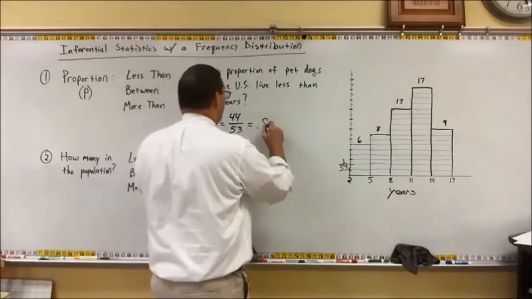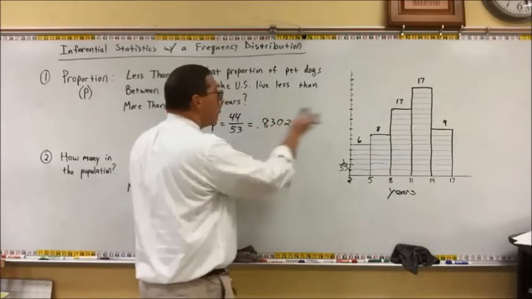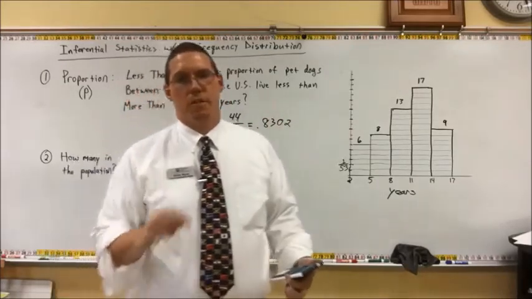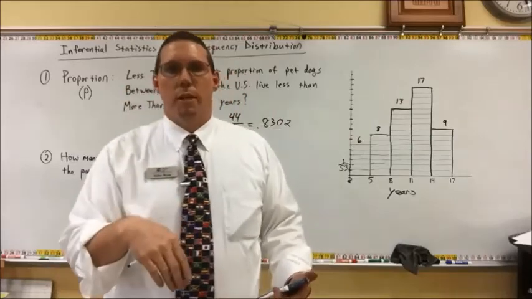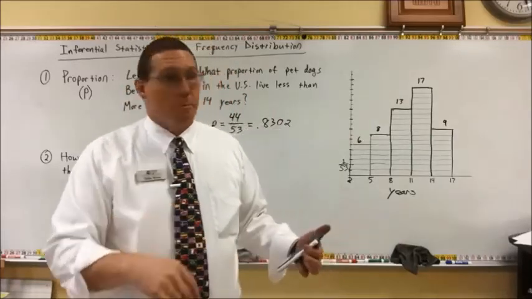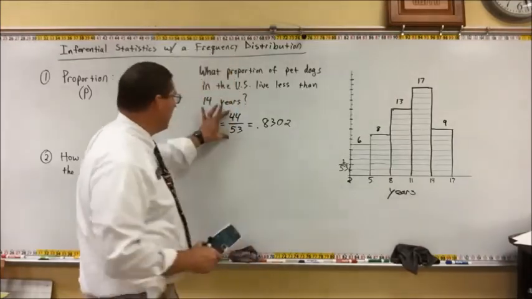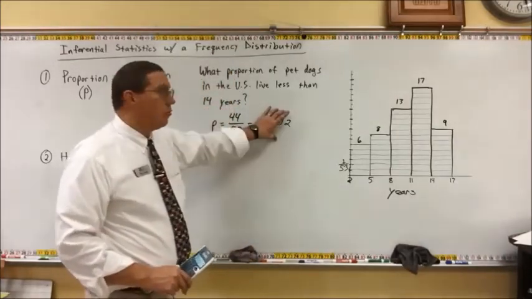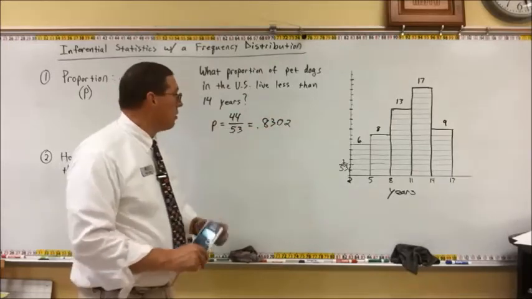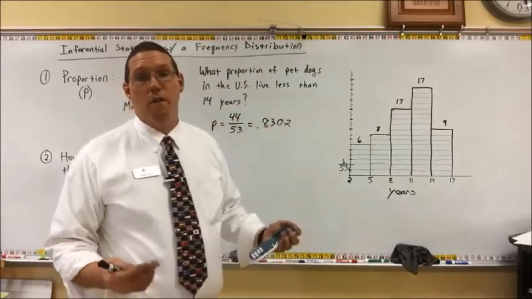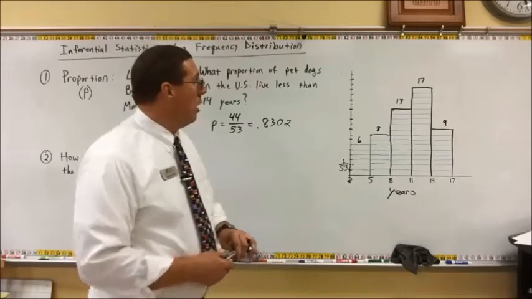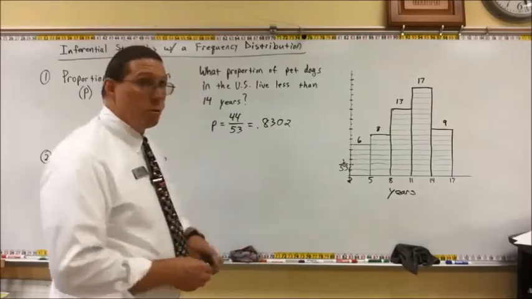Notice we don't have any percentages this time. The percentages were only in the frequency distribution, but in a histogram, we typically work in fractions that we turn into decimals. So the answer to this question is 0.8302 of all U.S. dogs live less than 14 years.